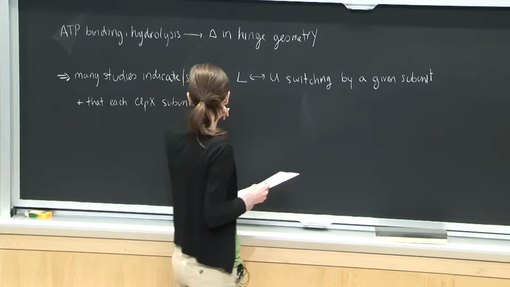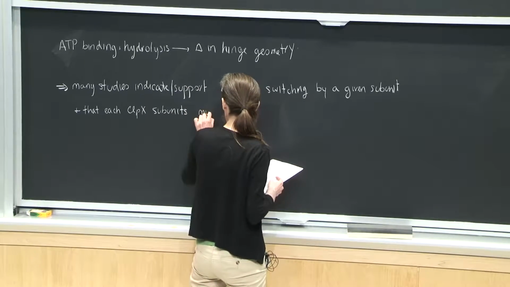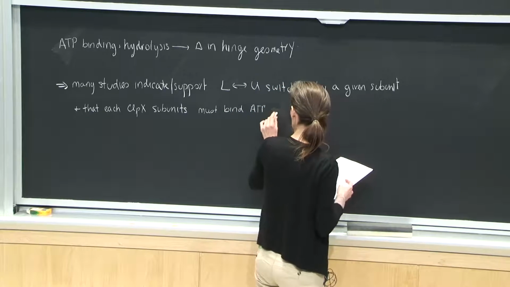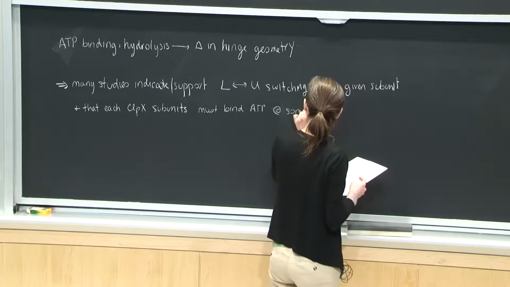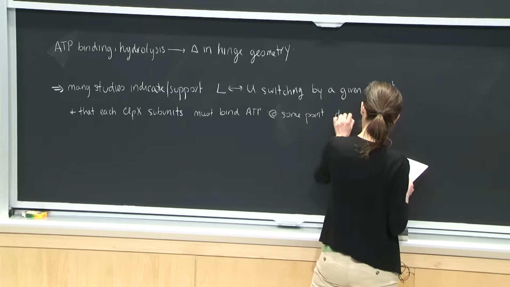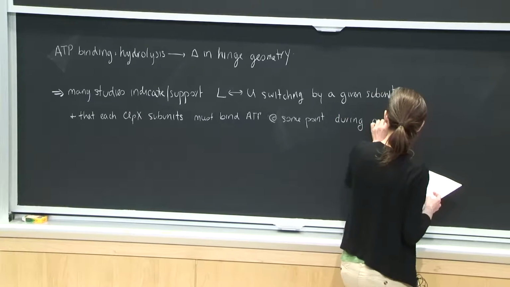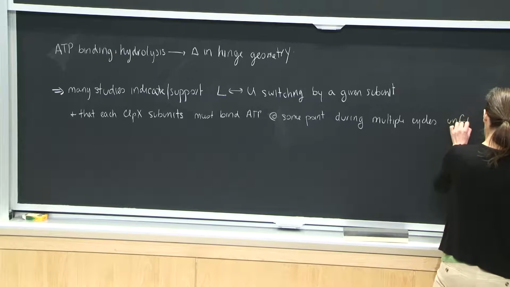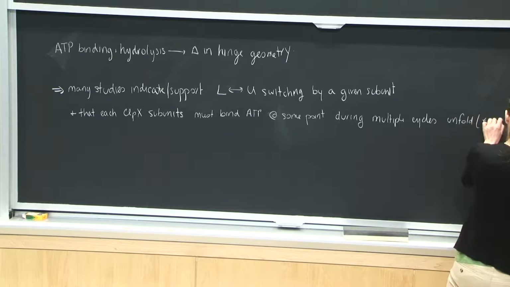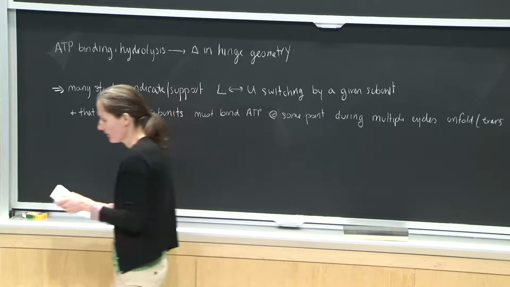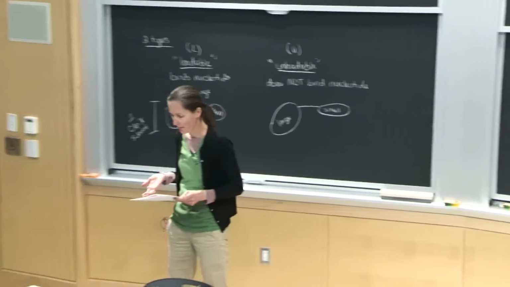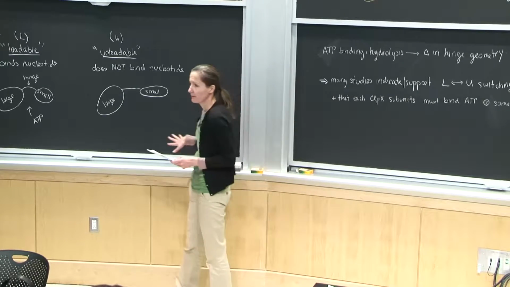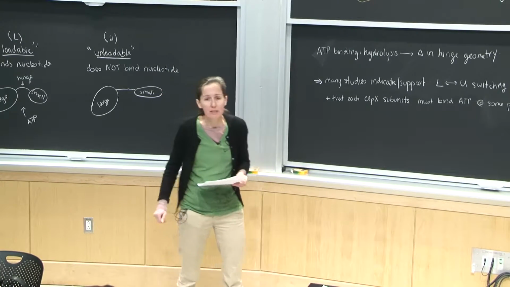But they're not all doing it at the same time. So the way to think about this is that there's some dynamic interconversion between these loadable and unloadable subunits within the hexamer, okay?